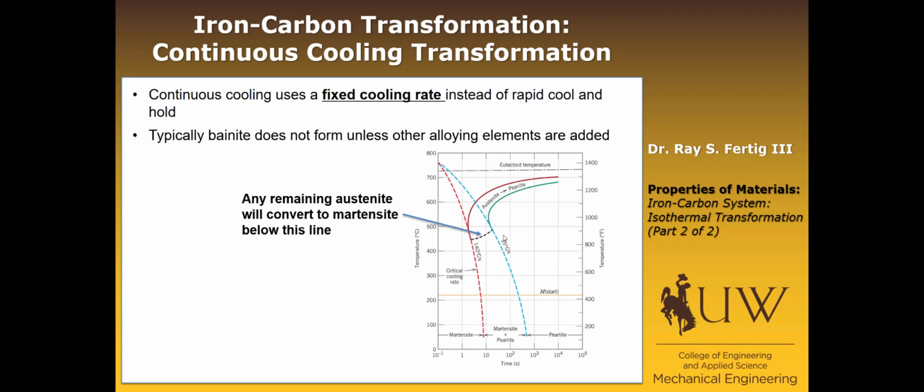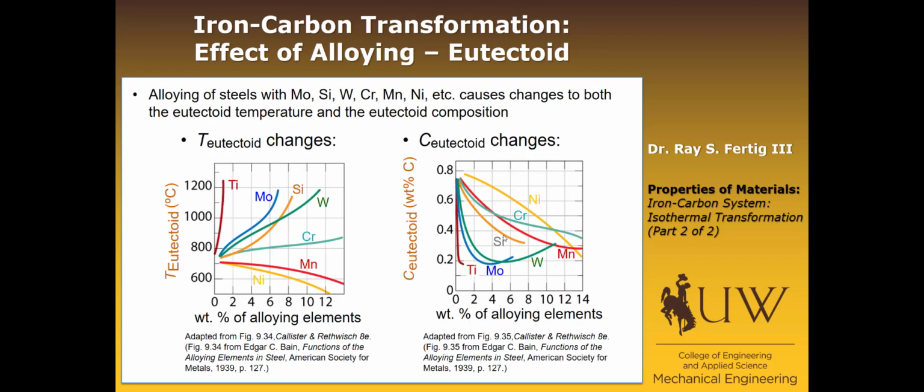Finishing up the discussion about transformations, I want to mention briefly the effect of alloying. This is showing you the effect of alloying on the eutectoid temperature. Various alloying elements with your steel, such as titanium, molybdenum, silicon, tungsten, chromium, manganese, nickel, and so on, change the eutectoid temperature and the eutectoid composition, depending on the weight percent of the alloy.